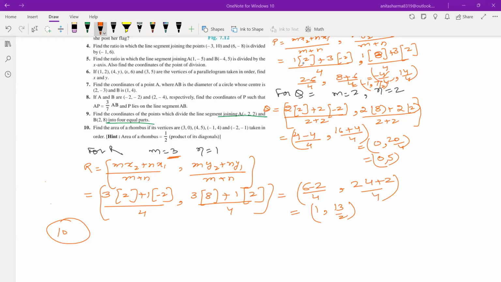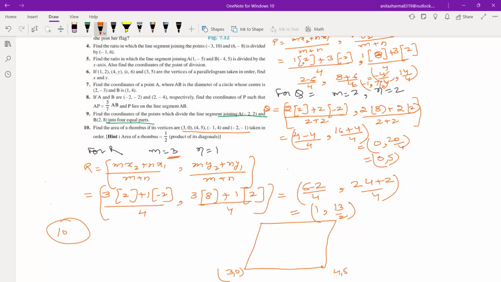So a rhombus is one in which opposite sides are parallel and equal, right, beta? Yes, ma'am.